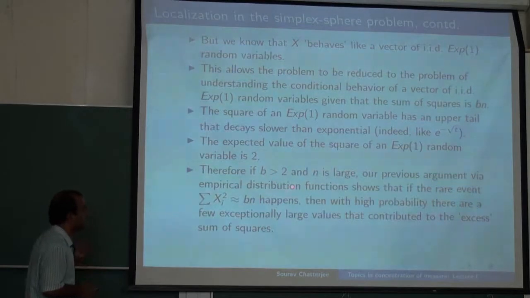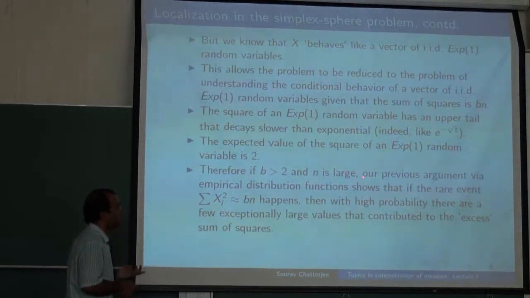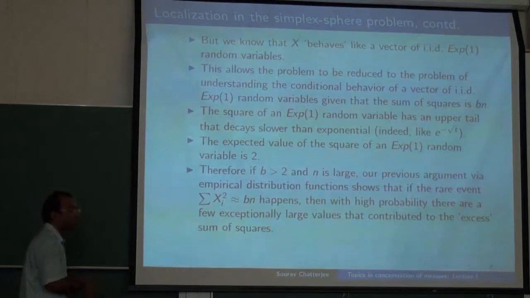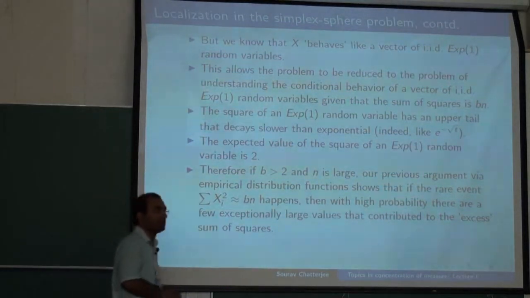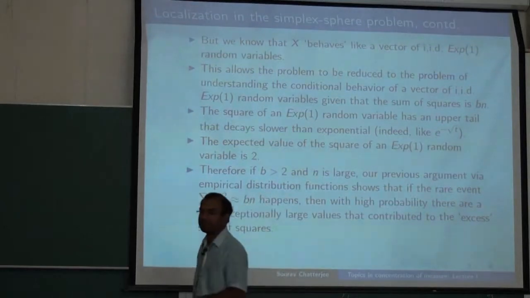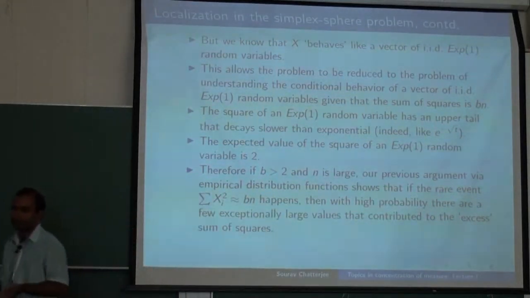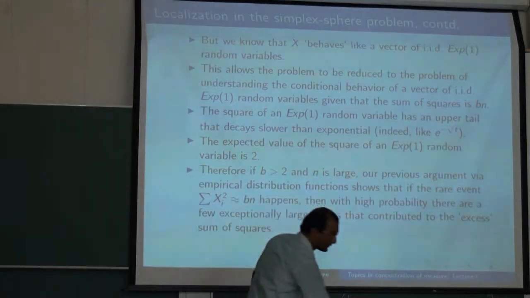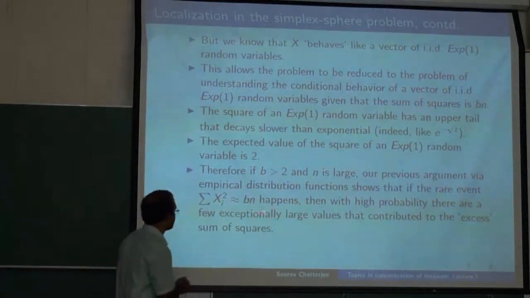So if b is strictly bigger than 2 and n is large, what we argued shows that if you condition on this rare event, then this rare event happens because of localization. You're summing squares of exponentials, whose tail decays slower than exponential, and therefore you condition on the sum being large.